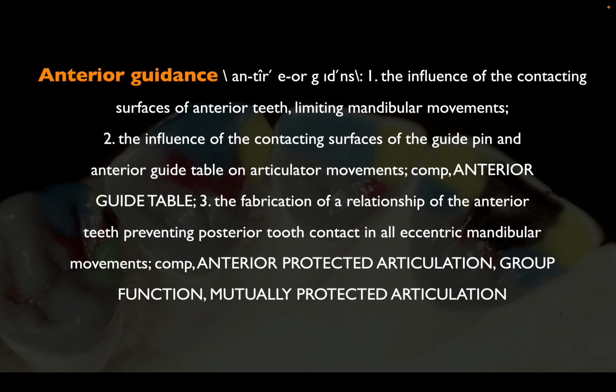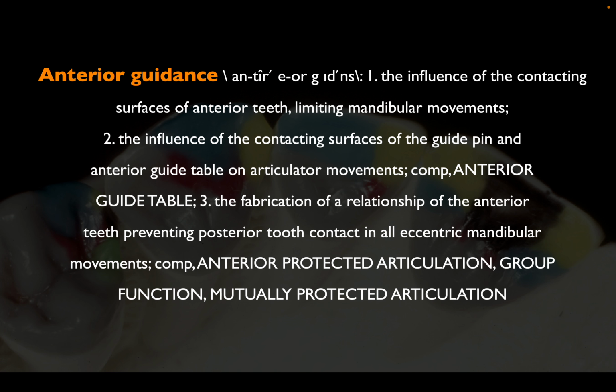So let's start with some definitions. And I want to start with the definition of anterior guidance, and this is as it's defined in the Journal of Prosthodontic Terms. And if you'll excuse me for a moment, I'm actually going to read it so I get it right. 1, it's the influence of the contacting surfaces of anterior teeth, limiting mandibular movements. 2, the influence of the contacting surfaces of the guide pin and the anterior guide table on articulator movements.